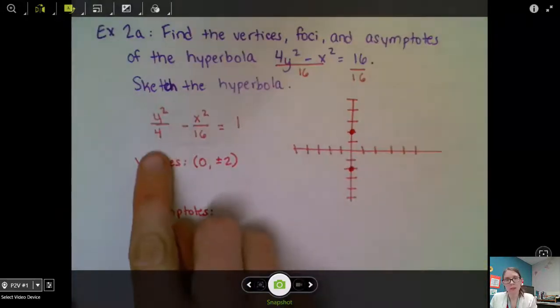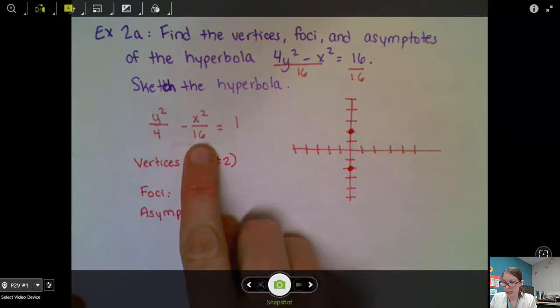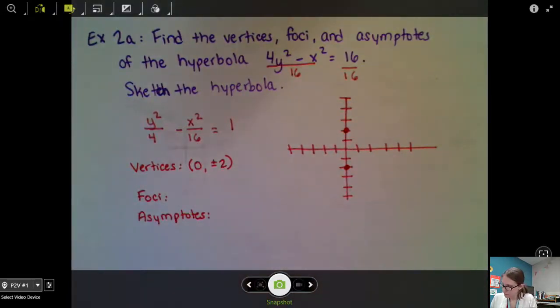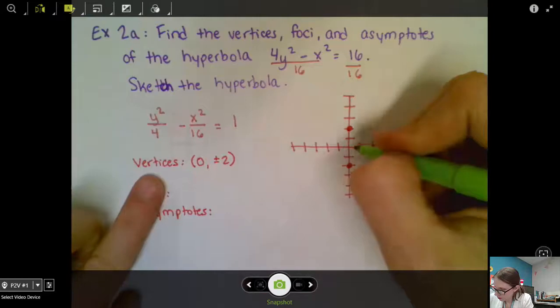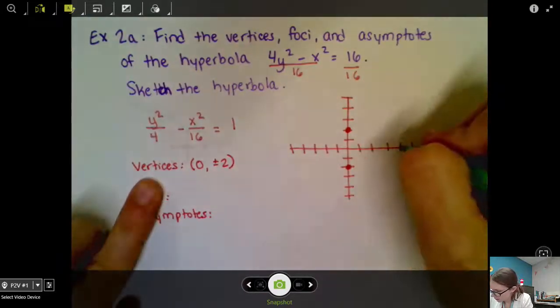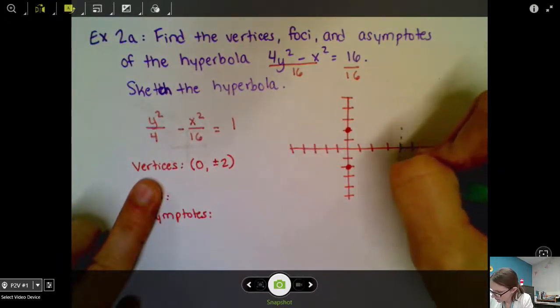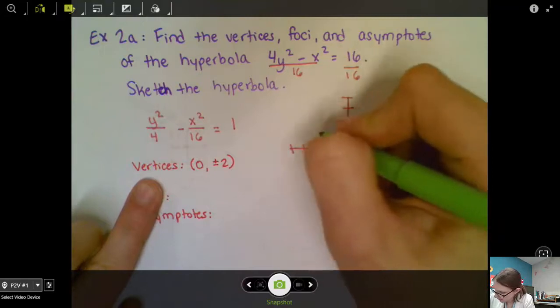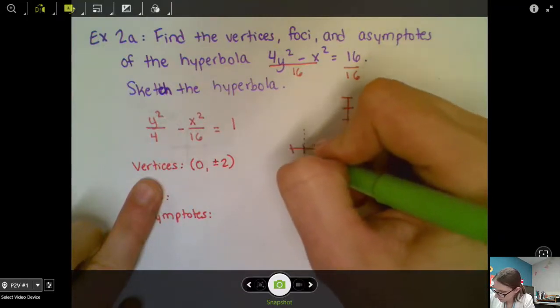Okay, we use the 4. The 16, that doesn't tell us where the foci are, but that tells us the other dimension for that central rectangle. So that means our central rectangle goes out to 4. And that it goes out to -4.